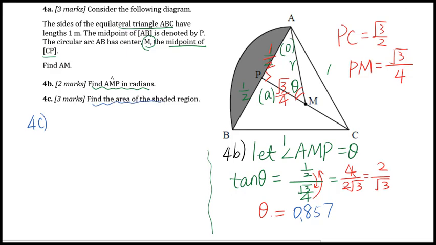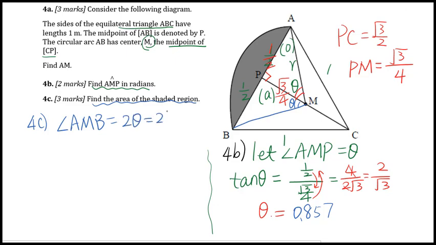Let's go to 4C. Find the area of the shaded region. Let's connect BM. This also is theta. In other words, we know the angle AMB equals 2 theta.